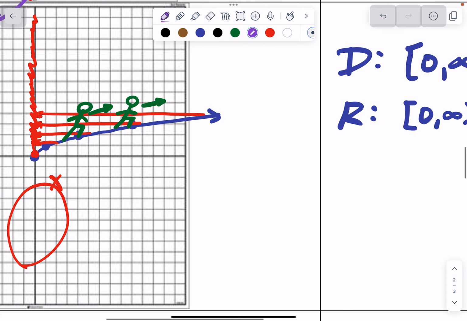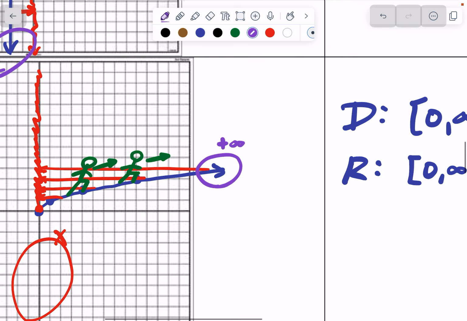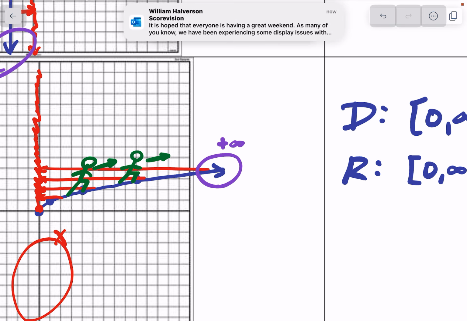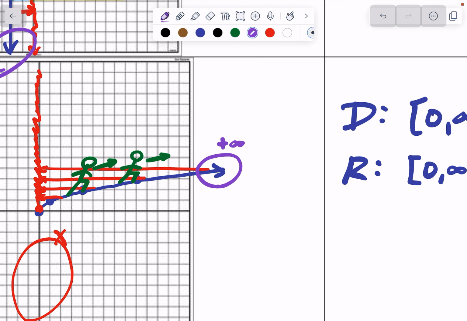Right end behavior, okay? Well, that would be talking about this arrow here. Essentially, this end behavior is going to positive infinity. I know it doesn't look like it, but essentially, the bigger numbers you plug in, the bigger the output is, and you can make that output as big as you want, essentially without bound.